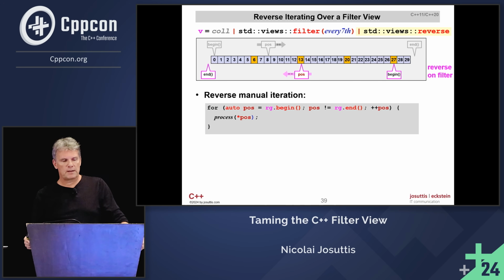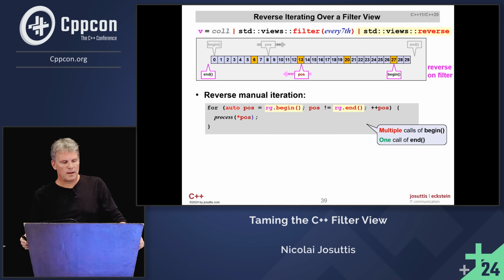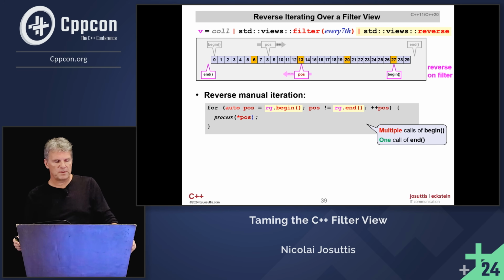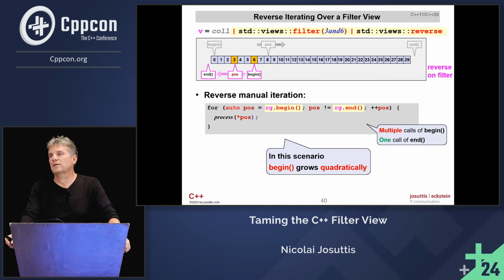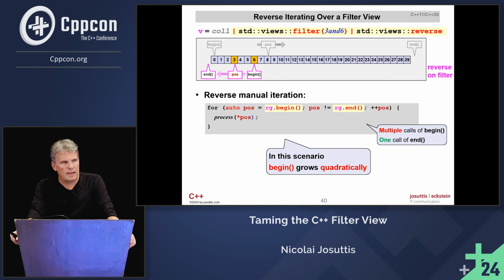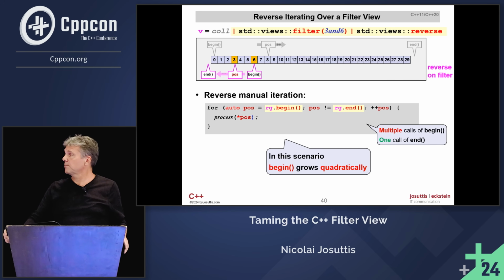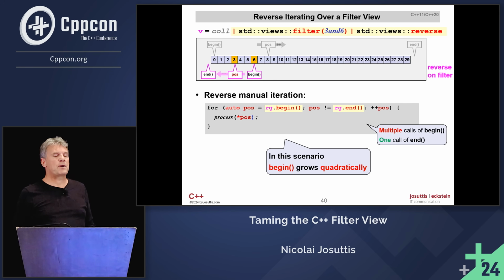So if your first element is the last one, this is multiple calls of begin, 1 call of end, and that means in this scenario, we grow quadratically. And that's a nightmare. We don't want to have that. Well, you don't want to have it, probably. Okay. And that's a fact. That's not theory. That's practice.